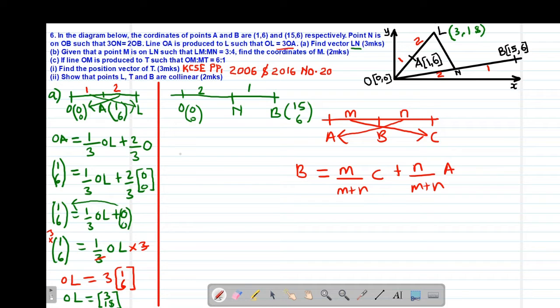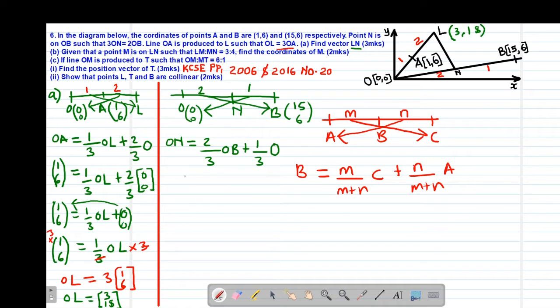So applying the ratio theorem, the coordinates for N, which can be indicated as ON, should be equal to 2 divided by the total ratio, which is 2 plus 1, which is 3. Then I multiply with the opposite coordinate, which is vector OB. Then I need to add the other ratio, 1 divided by the total ratio, 2 plus 1, which is 3. Then we multiply with the opposite coordinate, which of course is the origin, 0, 0.